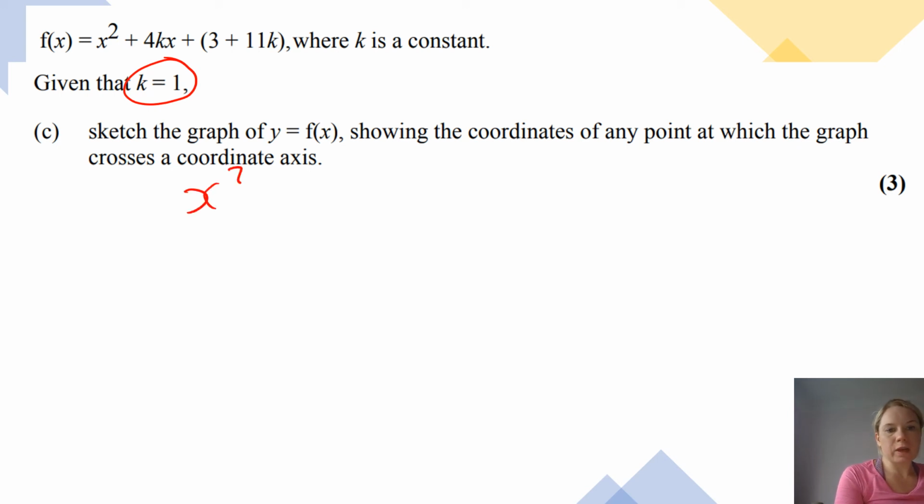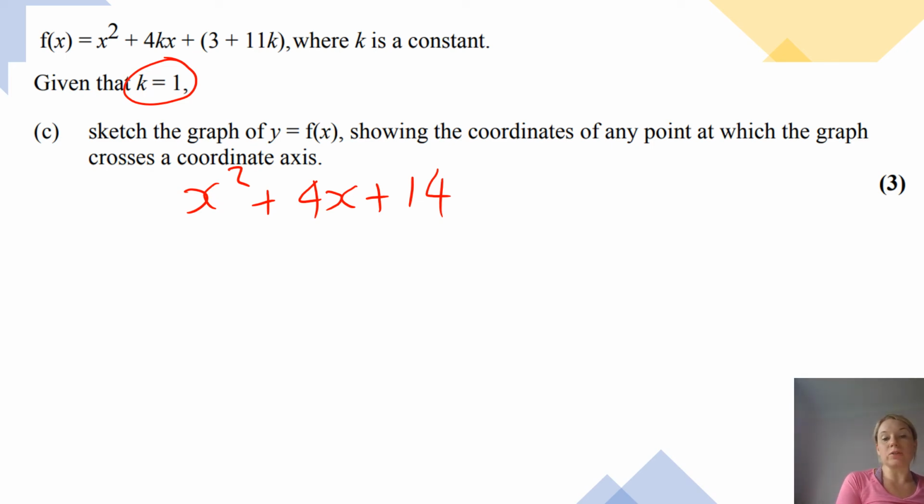So x squared plus 4 times 1 is 4, plus, and then 3 plus 11k, so 11k is going to be 11 times 1, 11, so that's going to be plus 14. Okay, so all I've done is substituted in k, very, very straightforward. Sketch the graph of y, showing the coordinate of any point at which the graph crosses a coordinate axis.